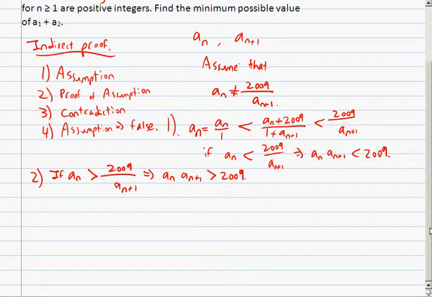So, looking at this inequality, we basically just have the reverse of this first chain of inequalities. That gives us 2009 over a sub n plus 1, which is less than a sub n plus 2009 all over 1 plus a sub n plus 1, which is less than a sub n.